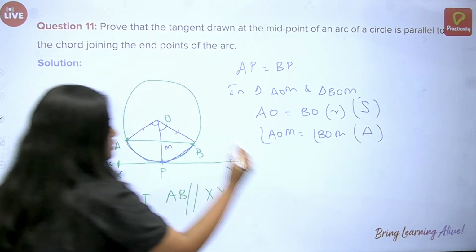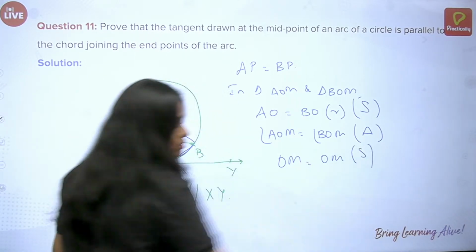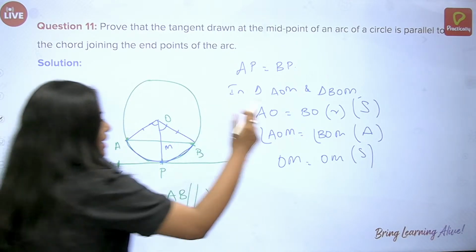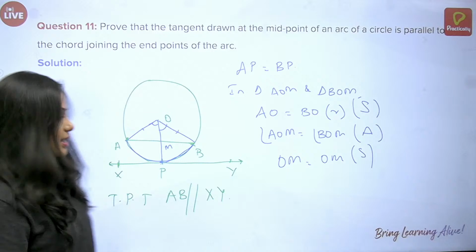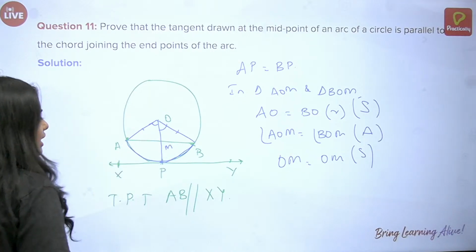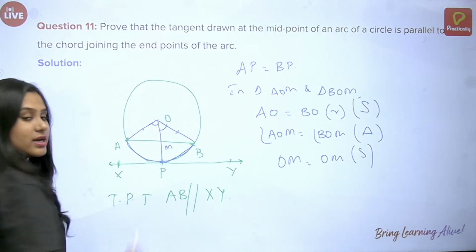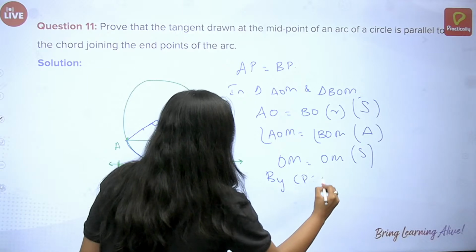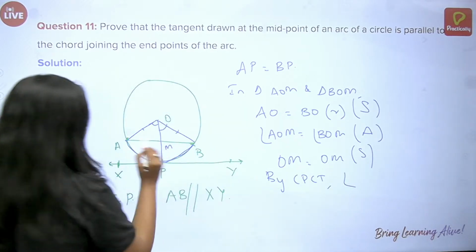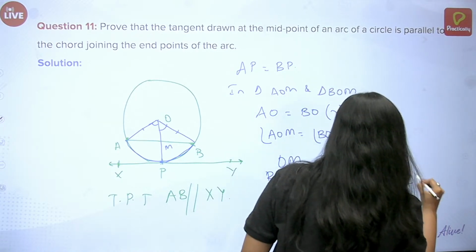Next, OM is equal to OM. That is also side. So, by SAS congruency, these two triangles are congruent. Right? So, if these two triangles are congruent, angle AMO will be equal to angle BMO. Right? So, by CPCT, angle AMO will be equal to angle BMO.